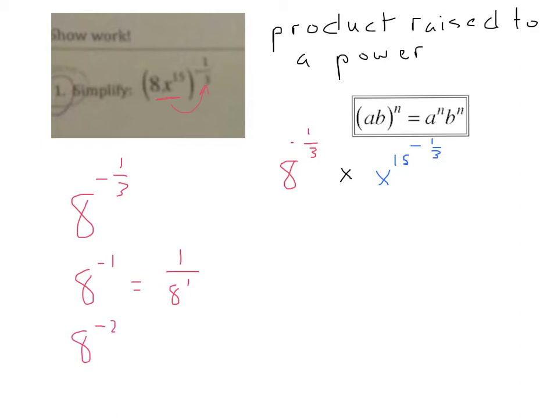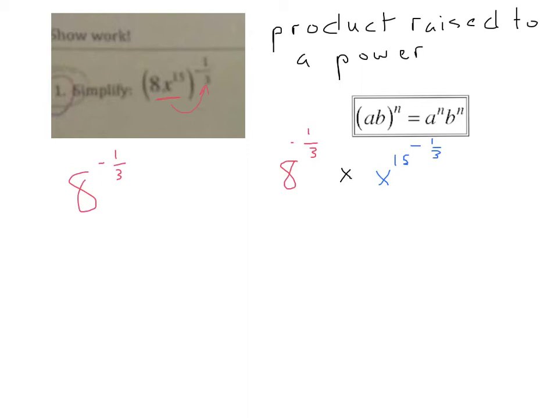Similarly, 8 to the negative 2 is just 1 over 8 squared. 10 to the negative 26, we'll just create a fraction with 1 as the numerator and put 10 being taken to the 26th power as the denominator. So that's pretty simple. But we've got 8 to the negative 1/3.